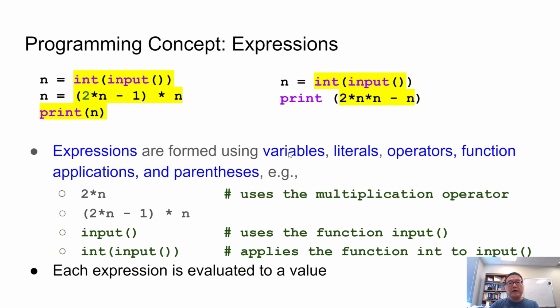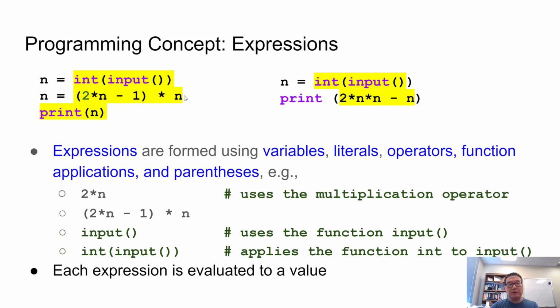We have introduced variables, literals, operators, functions, and you should also be familiar with the parentheses. These can be used to form expressions. So all these highlighted parts are expressions, and they actually contain sub-expressions. For example, 2 times n is an expression using the multiplication operator. Then 2 times n minus 1 is an expression, and adding parentheses, that's still an expression.